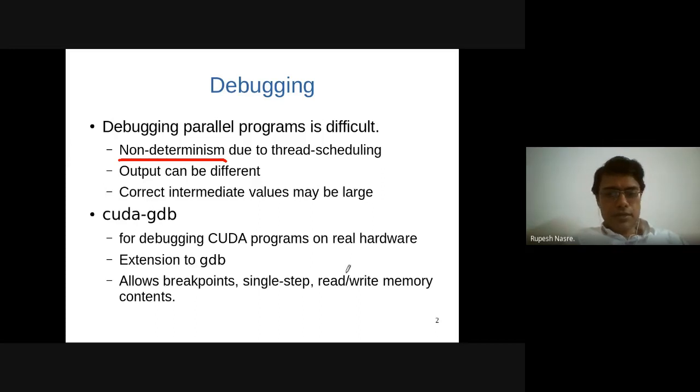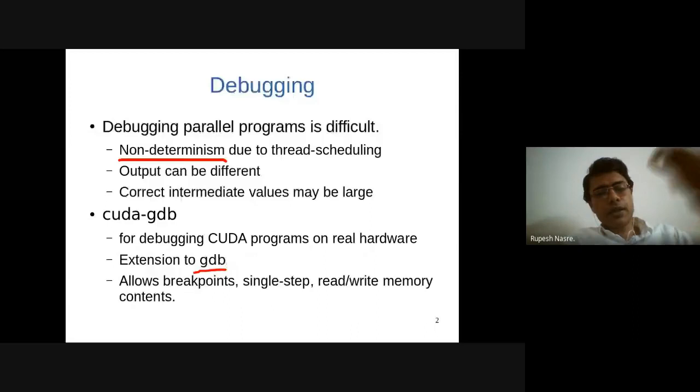It has extensions to GDB, which means that most of the commands of GDB are going to work, but there will also be commands to figure out how many threads are running, how many thread blocks are there, and what is the value of a particular thread. I mean, you need to go to a particular thread and identify the values of its local variables, etc. So all of this is possible.